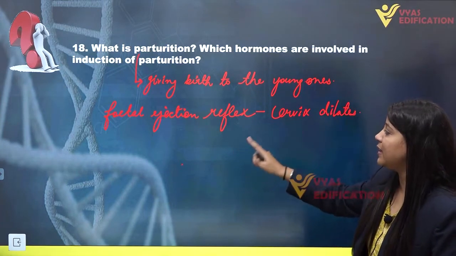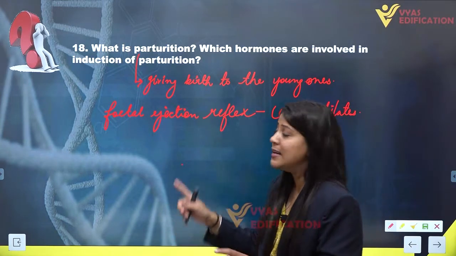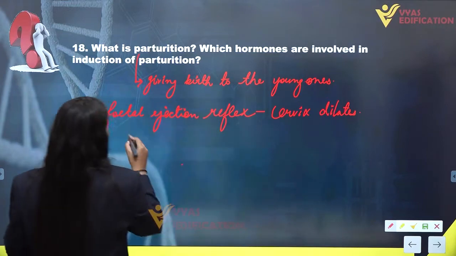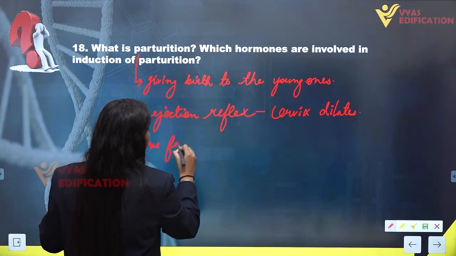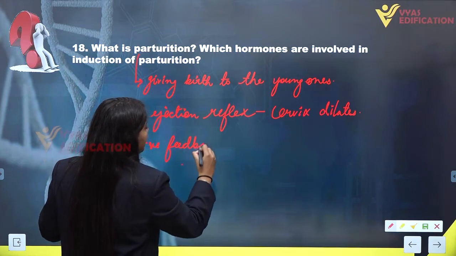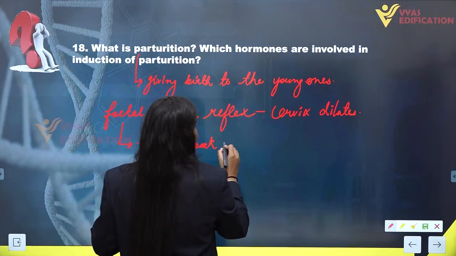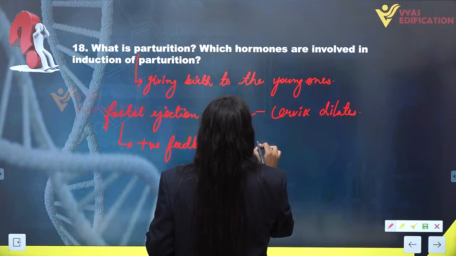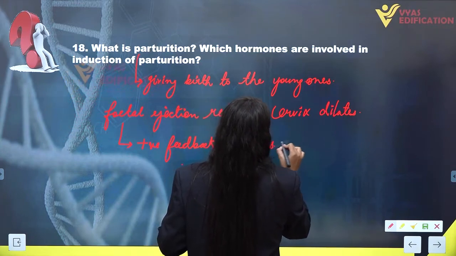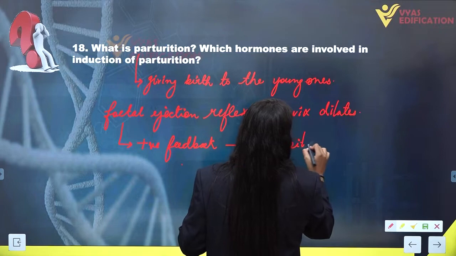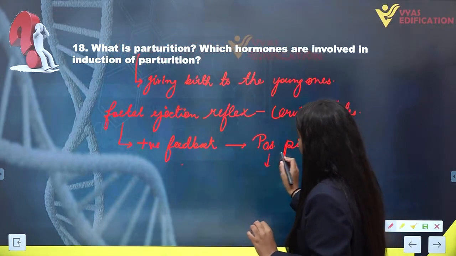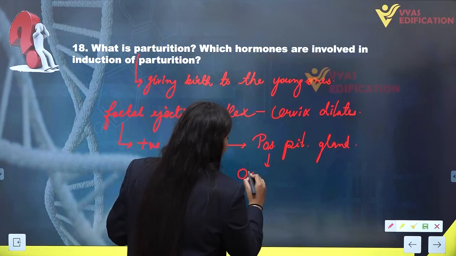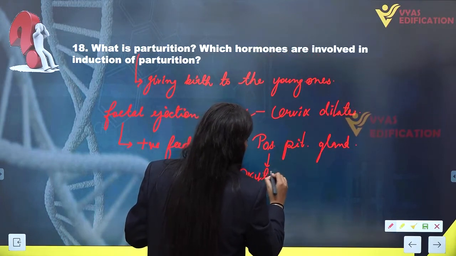When the fetal ejection reflex takes place, it gives positive feedback, and this positive feedback goes to the posterior pituitary gland, from where the secretion of oxytocin occurs.